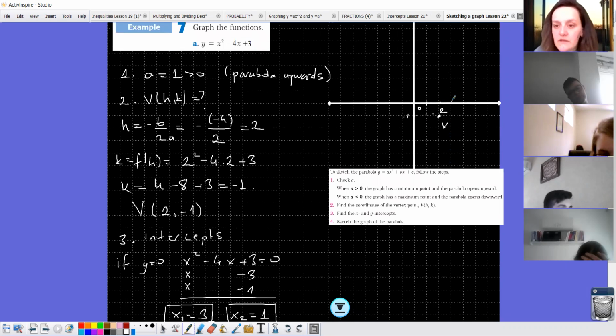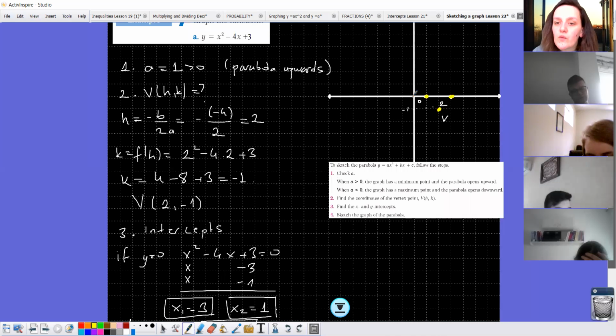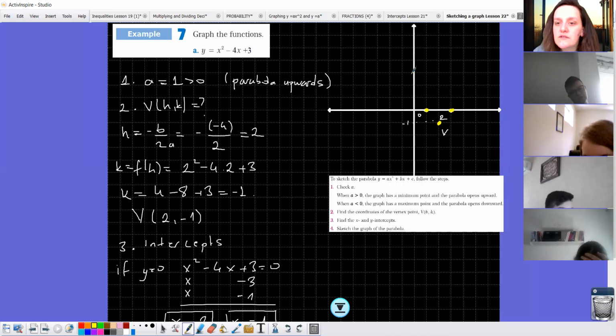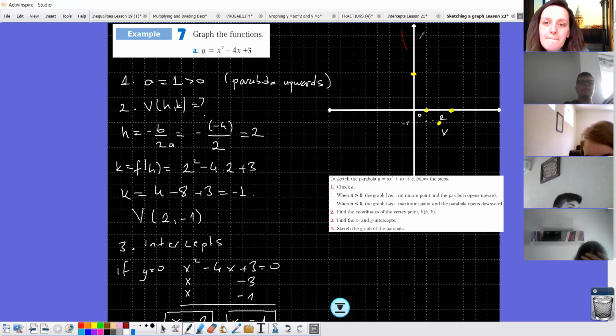So if 2 is here, 3 is here, and 1 is here, these are the x-intercepts, and this is the vertex. And what is the y-intercept? 3. It is 0, 3. So this one is the y-intercept. So our parabola will pass through these points. I will try to do my best to draw it, but I'm not sure if I will be successful.